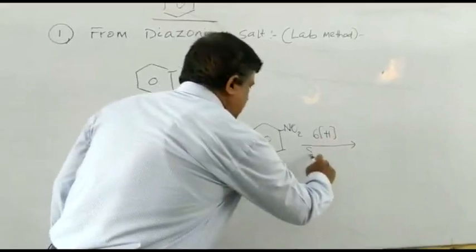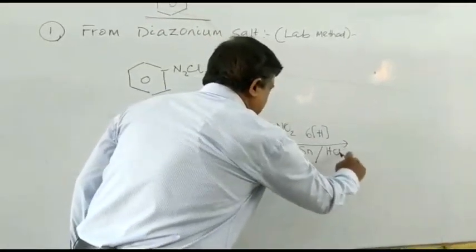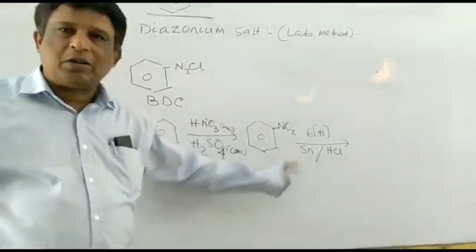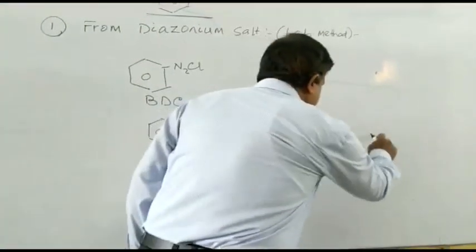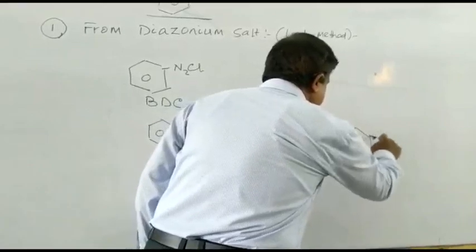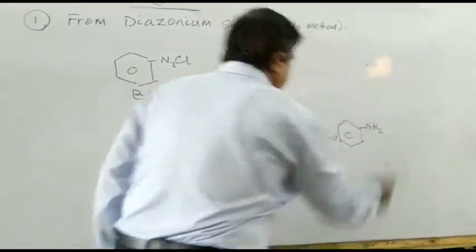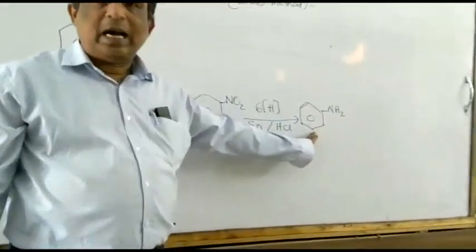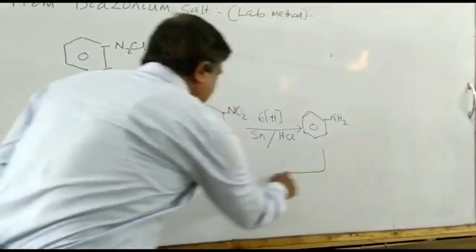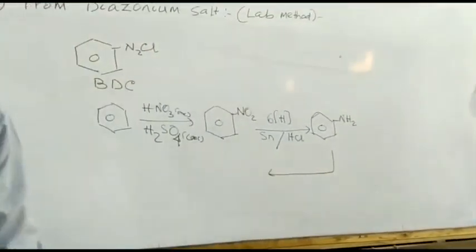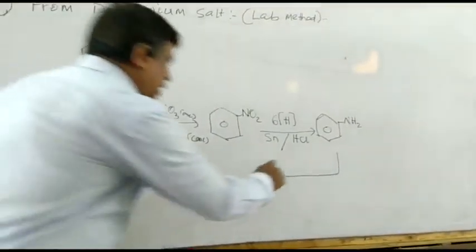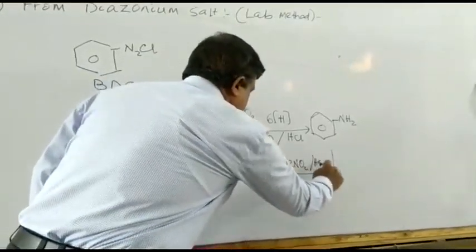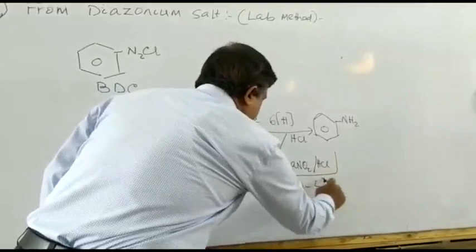Nitrobenzene again undergoes reduction in acid medium, that is tin in presence of acid, to form aniline, aromatic amine aniline, represented by the formula C6H5NH2. Aniline is then treated with nitrous acid HNO2, rewritten as NaNO2/HCl, in ice cold temperature.